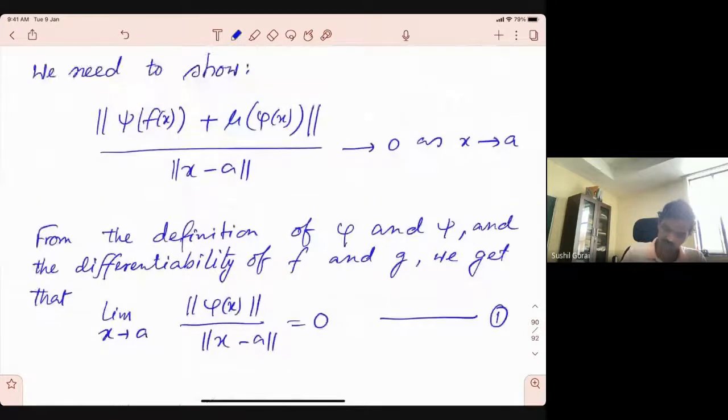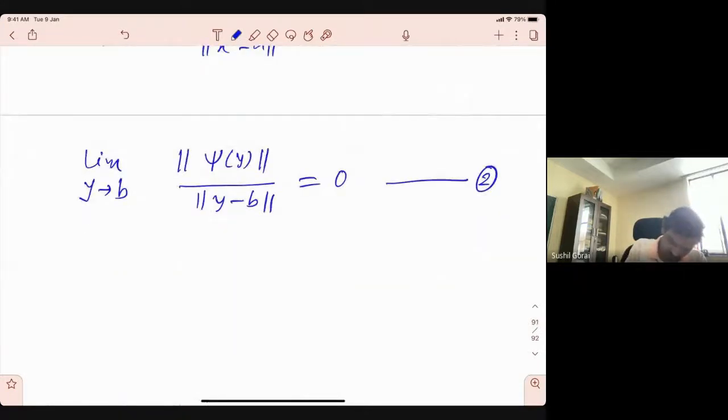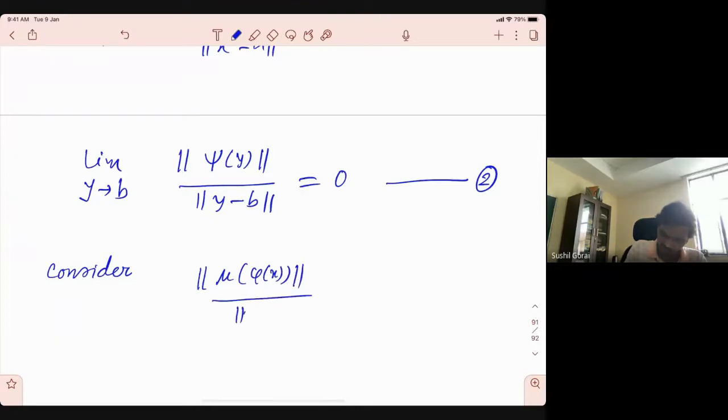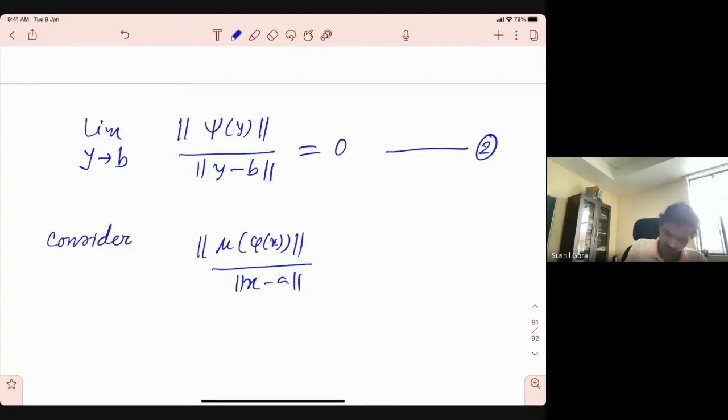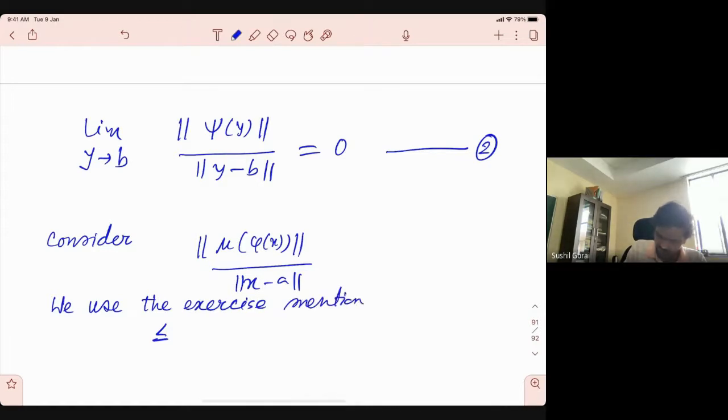So now, first one, consider the norm of mu of phi(x) by the norm of x minus a. Now this one we use the exercise mentioned before the proof.